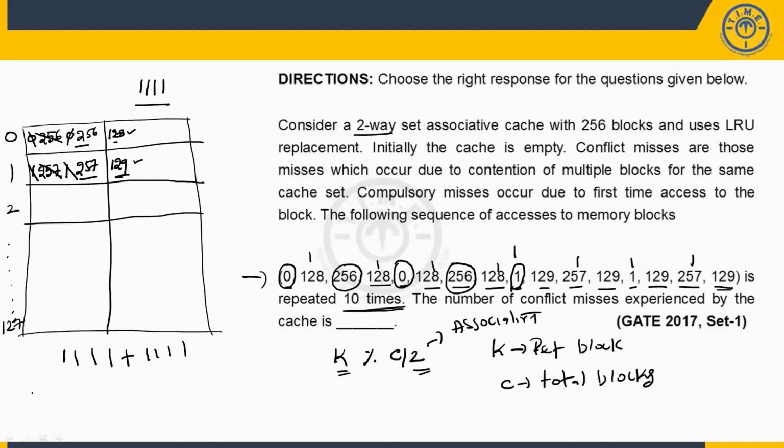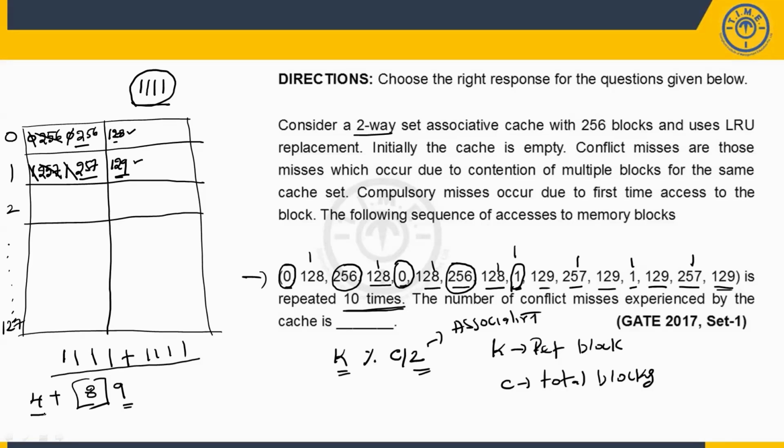Total 8. In the first iteration, the number of conflict misses will just be equal to 4, because in the first iteration there will also be compulsory misses. If you filter the compulsory misses out, we got 4. But right from the next iteration, we got 8 conflict misses. 8 into 9 is 72, because the remaining number of iterations is 9.